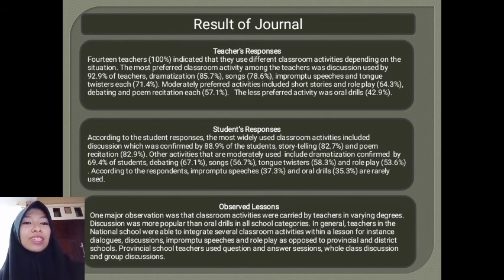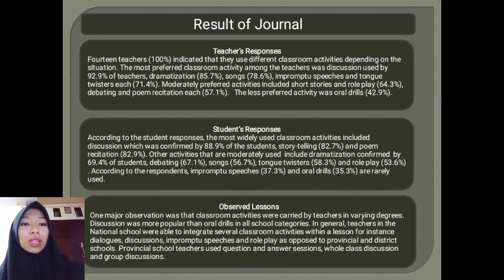The rest of the activity combinations were less preferred but not unused by at least one teacher.